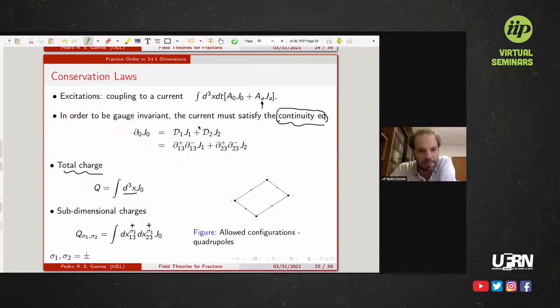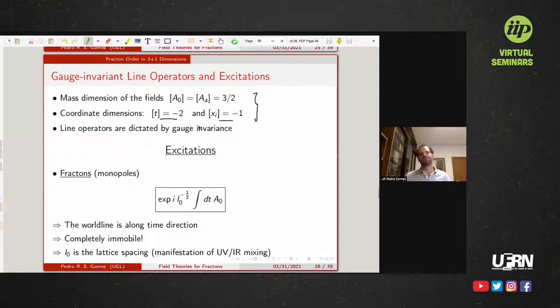All right, so let's try to construct the gauge invariant line operators, and the first one is along the time direction, and this is required by the gauge invariance of the system, right?